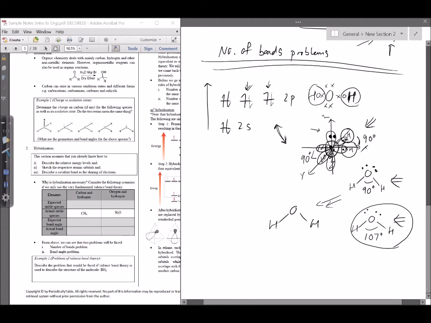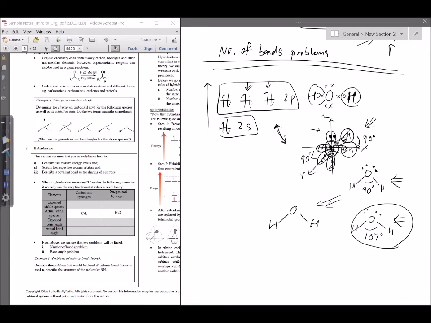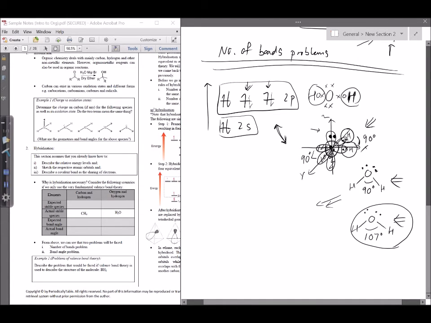We know that s is definitely lower in energy than p orbitals, which means that these two lone pairs are not degenerate, or you can say that they are of different energy levels. So if we use valence bond theory for water, we can see that there are mainly two problems, just as a summary.